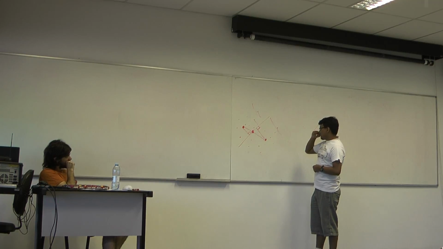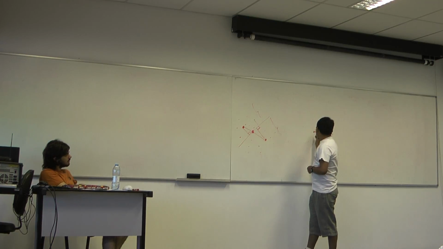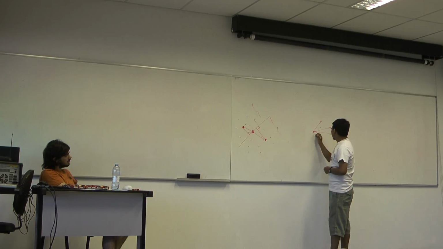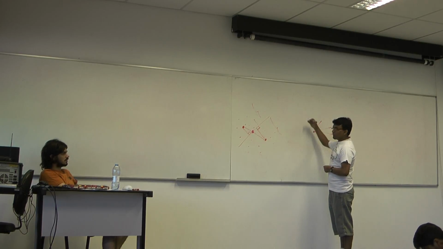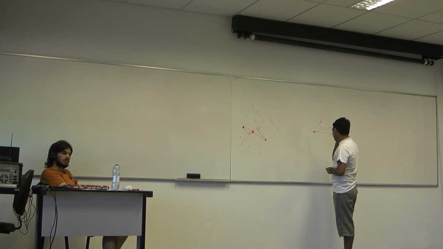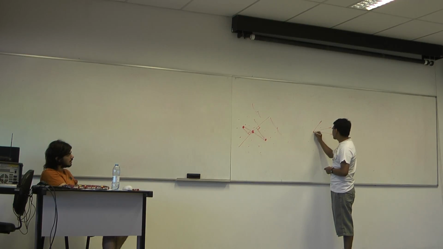So now we just need to find a line with the same number of points. That condition is easier than the original problem.